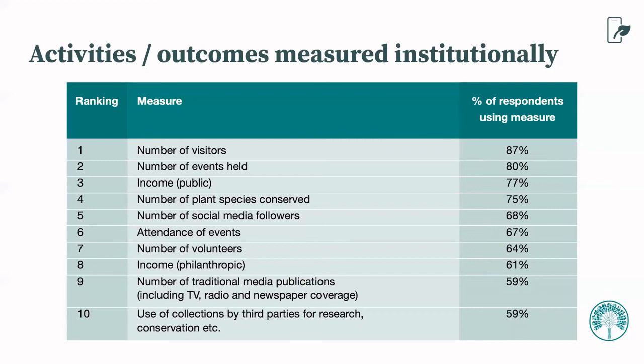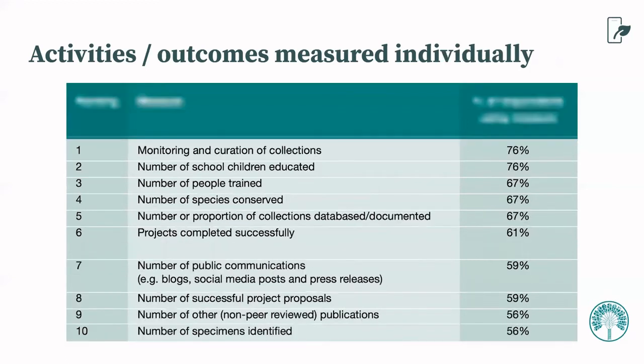And then next slide, we can see the results at an individual level. Now, these are quite vague groupings, but interestingly, monitoring and curation of collections is joint top, alongside the number of school children educated, the number of people trained, and the number of plant species conserved.